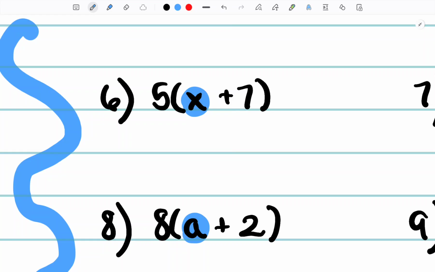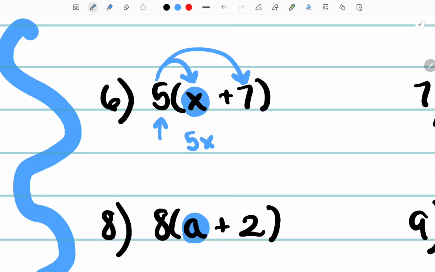So for number 6, it's basically the same thing we've been doing. 5 is the fishing rod, and x and positive 7 are the fish, okay? So we're going to fish for x and positive 7, okay? Now, what is 5 times a variable? It would be 5 and the variable. So it will be 5x.